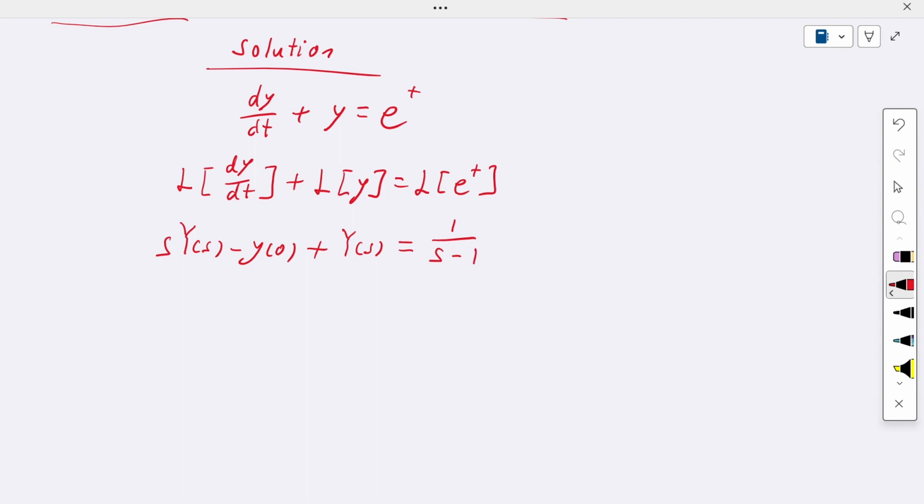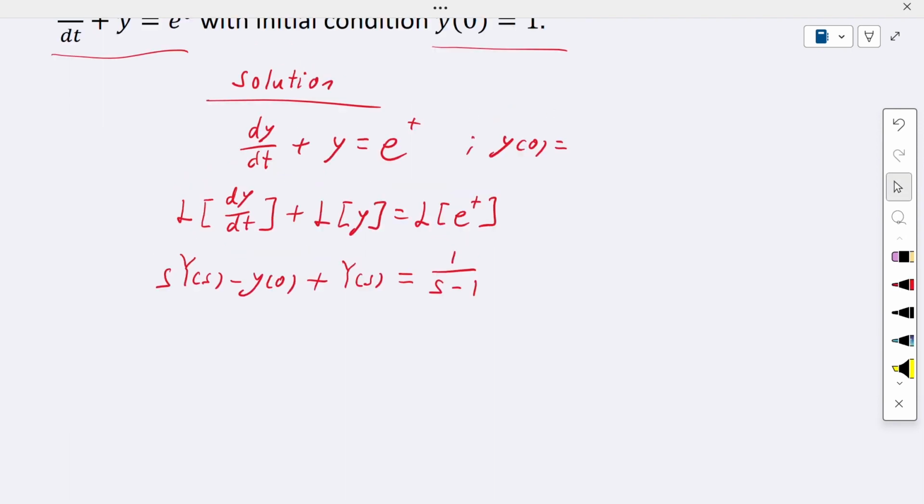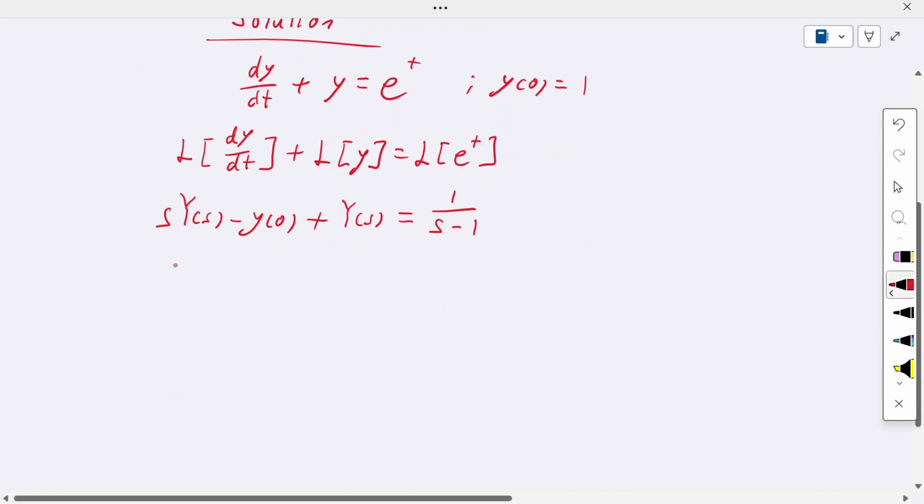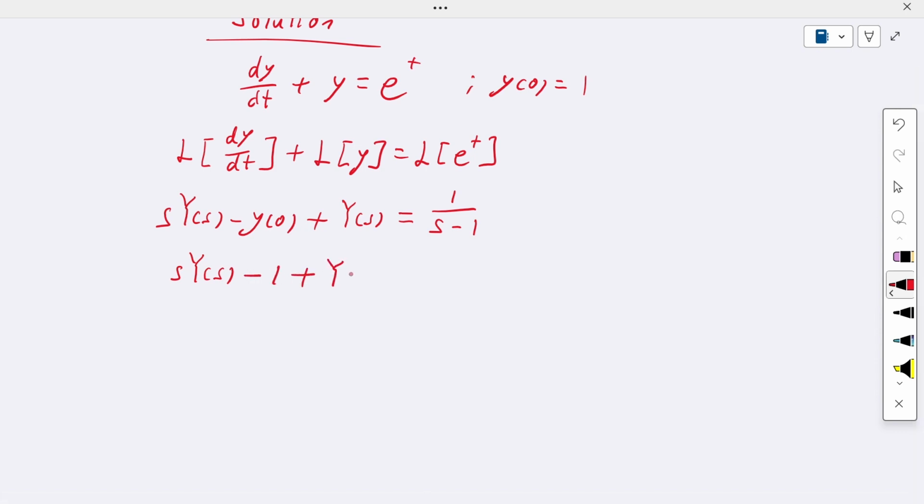Okay. So we're going to substitute our initial conditions. Given y of 0 is equal to 1, we substitute here. We have x times capital Y of x minus 1 plus Y of x is equal to 1 over x minus 1.